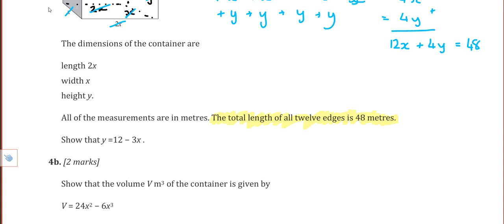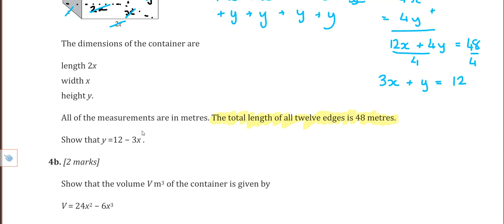We can take a factor of what out? 4. So why don't we divide through by 4 on both sides, and then I get 3x and 1y, and that equals 12.